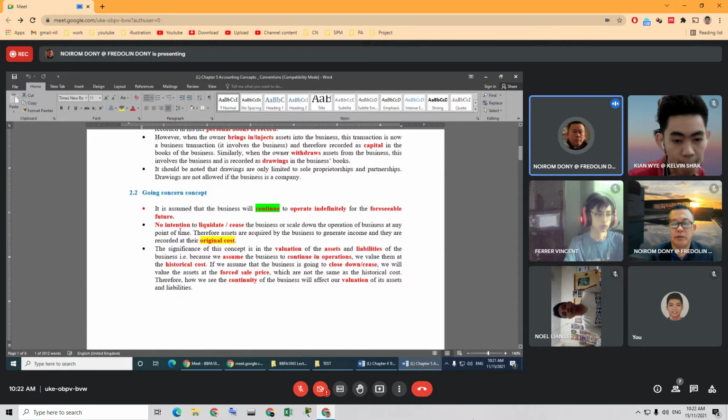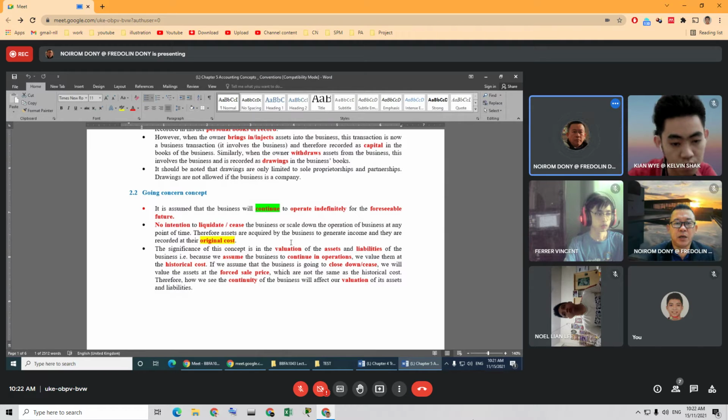No intention to liquidate. Liquidate means they sell off the assets and then use the proceeds to settle all the liabilities. That is liquidate. Cease the business or scale down the operation of the business at any point of time.